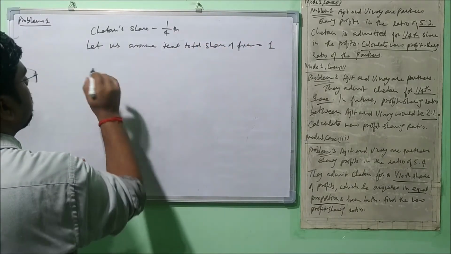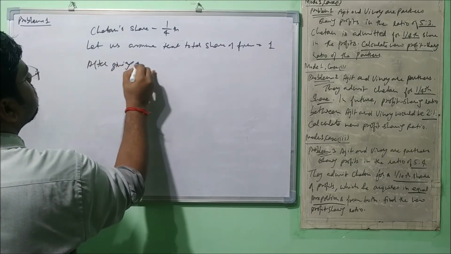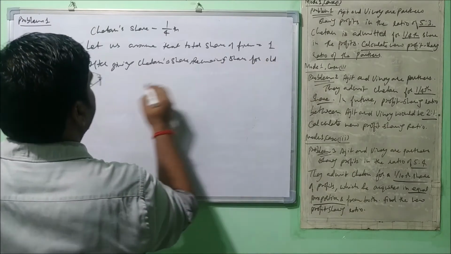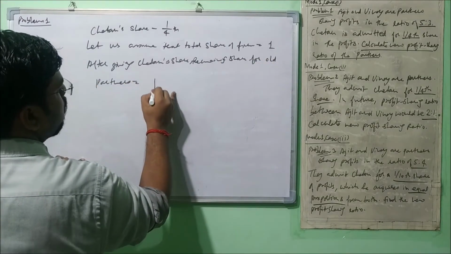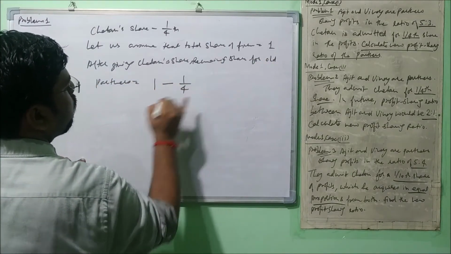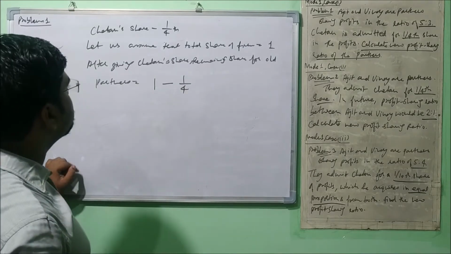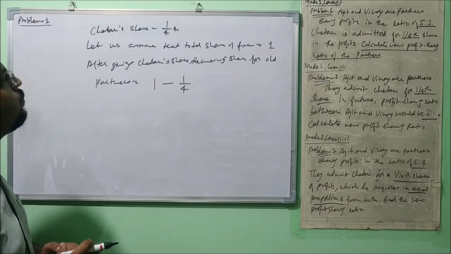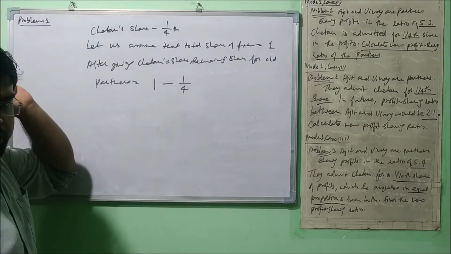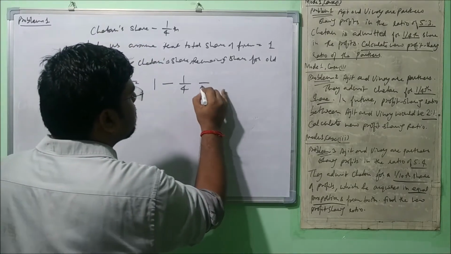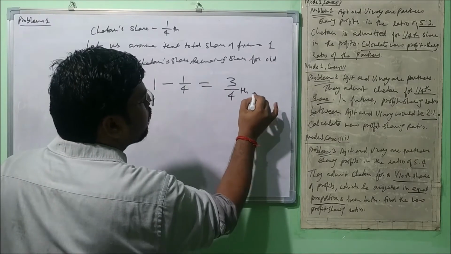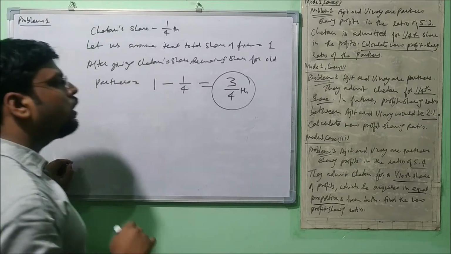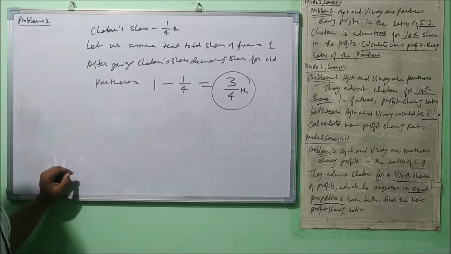After giving Chetan's share, the remaining share for the old partners is 1 minus 1/4. Out of that 1, we deducted Chetan's share, so we are left with 3/4 share.